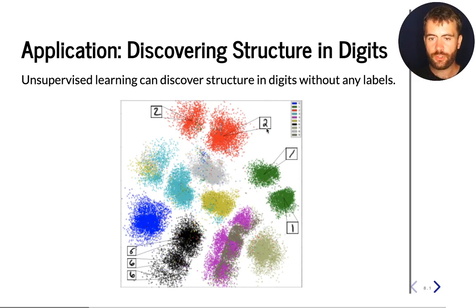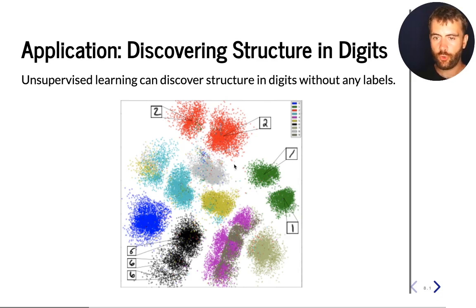Originally, each of these numbers is a 28 by 28 grid of pixels, or in other words, a 784-dimensional vector. And we can apply unsupervised learning to project this 784-dimensional space into an informative two-dimensional space, which looks like what you see here.